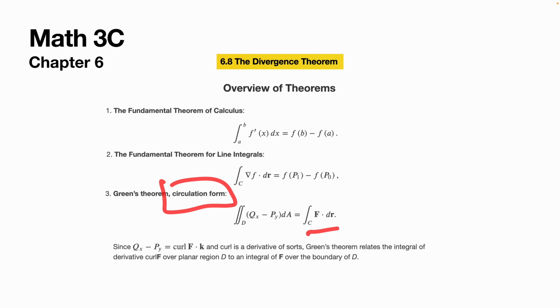We can see circulation on the right-hand side as this line integral, the boundary integral, looking at a vector field in the direction of the curve, so that's circulation. So boundary related to interior. This interior has an integrand which can be equated to curl dotted in the k direction. K is the unit normal to this domain of integration.